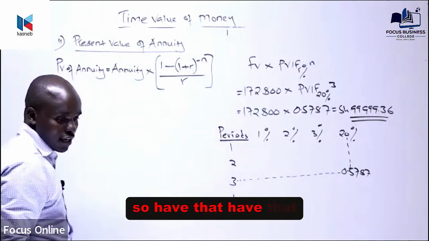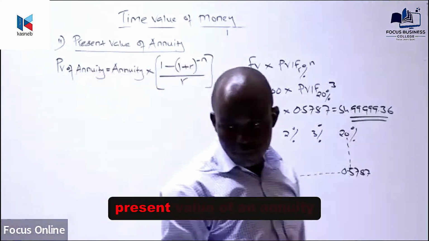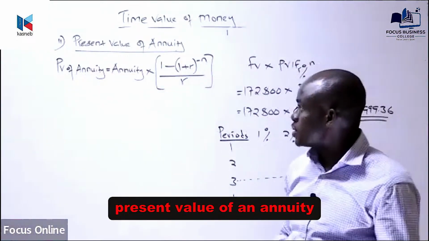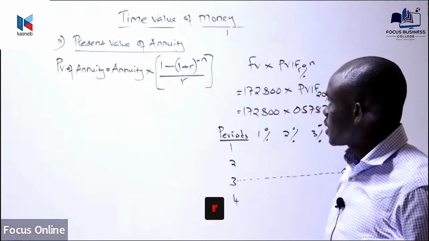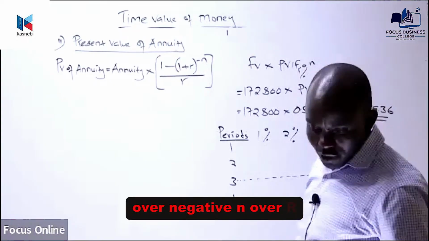Have that: present value of an annuity is equal to the annuity times 1 minus (1 plus r) power negative n, over r.